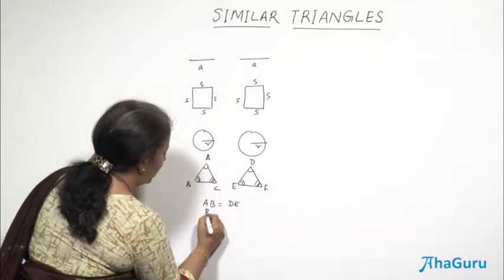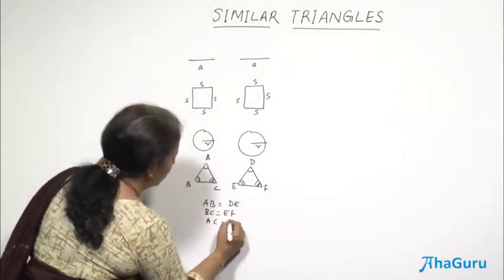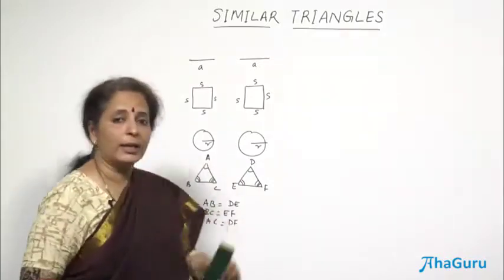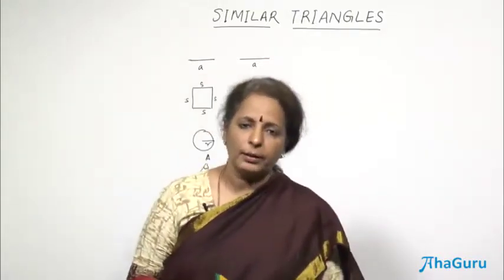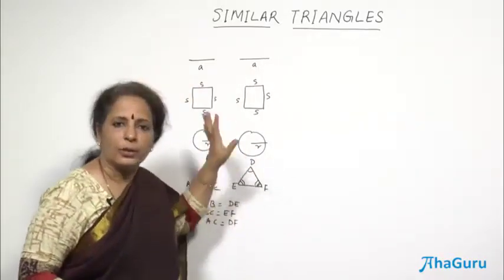I can also write BC is equal to EF and AC is equal to DF. So the corresponding sides are also congruent, the corresponding angles are also congruent. That makes the two triangles congruent.